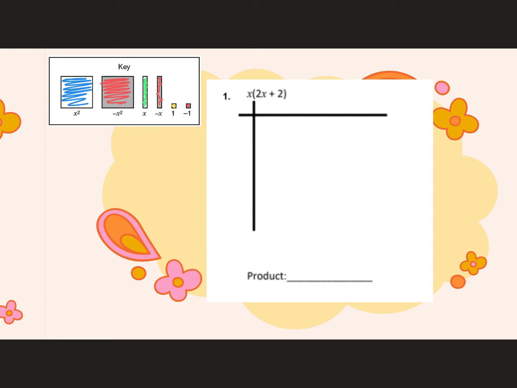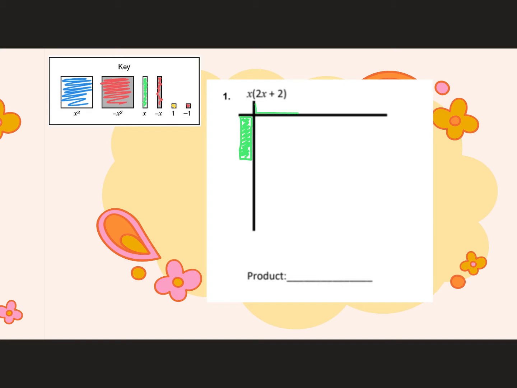All right, so here we are multiplying our X. So we're going to use our green X tile. Again, I'm trying to draw these as best as possible. Of course, they're not drawn to scale as our tiles would be, because that represents positive X. And we're multiplying it by 2X plus 2.